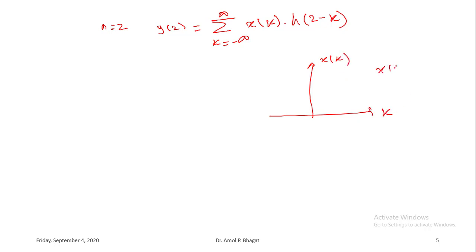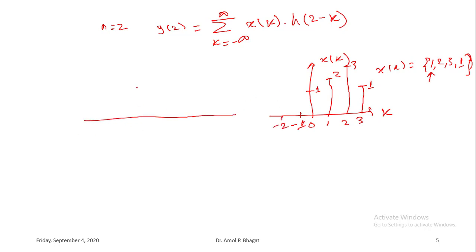So x of k is again 1, 2, 3, 1. At the origin it is 1, so 1, 2, 3, 1 values are there, right? So 0, 1, 2, 3, minus 1, minus 2. Okay, so that is x of k.